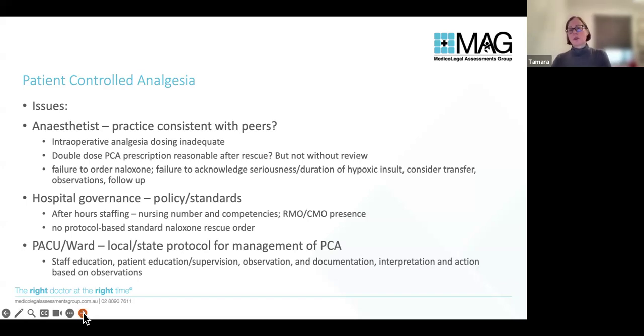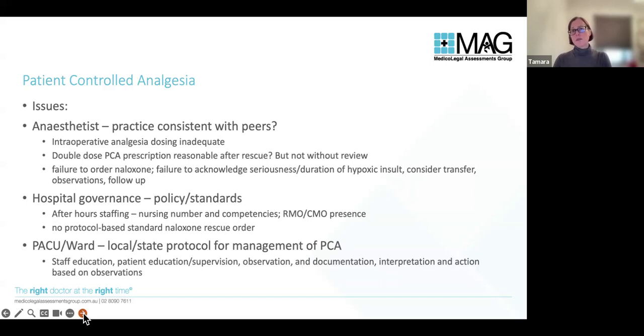And there was also a sort of a failure to support this woman and be on her side subsequently. There's some issues in terms of the governance at the particular stand-alone procedure. It may not be that cost effective for them to staff a resident medical officer or a career medical officer.